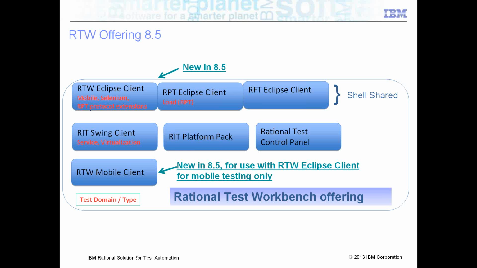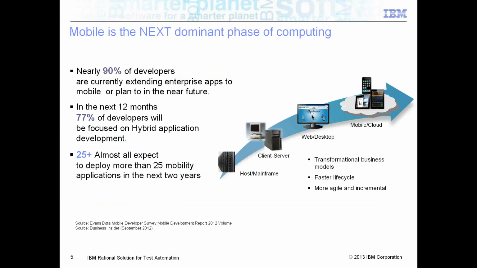That includes the functional testing capabilities, performance test capabilities, mobile testing, service virtualization, and Rational Integration Tester. When you install RTW, you get all these together. And the major feature that we added in 8.5, that is June, is testing your mobile application using Rational Mobile Client.